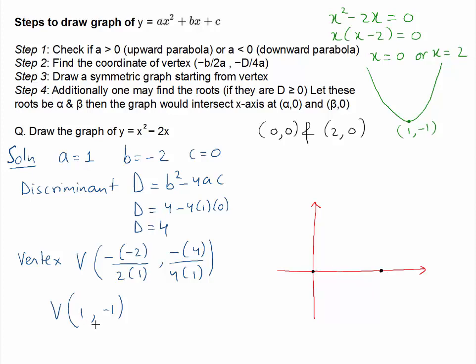Third, the vertex is 1, minus 1. So the vertex would be somewhere here, 1, minus 1.